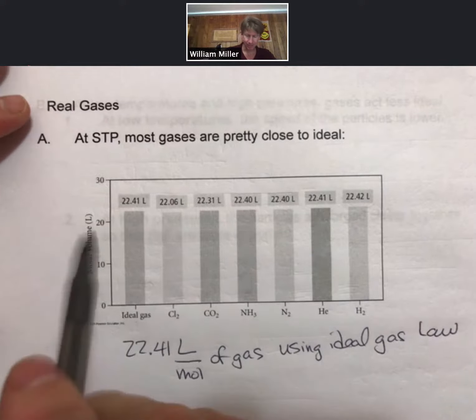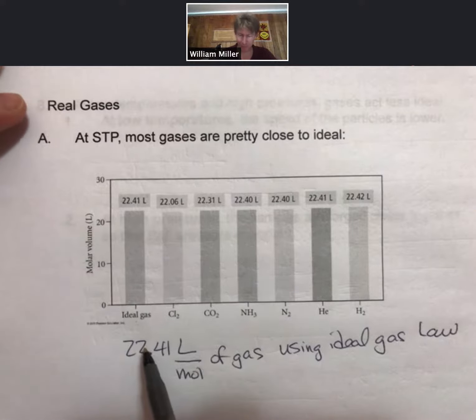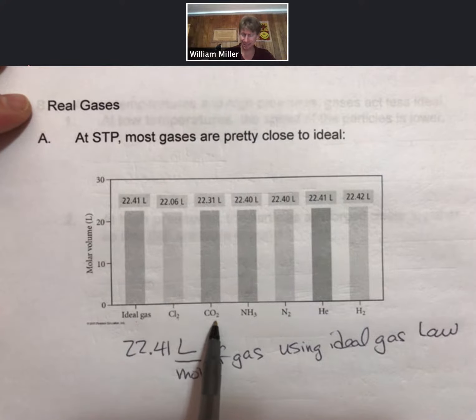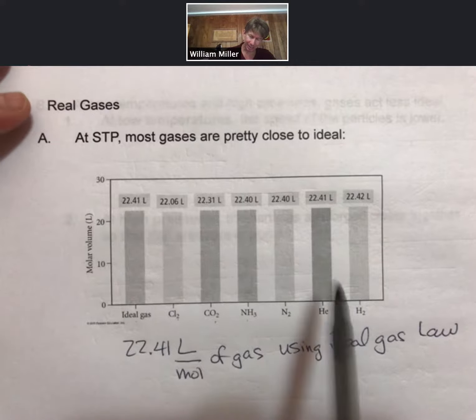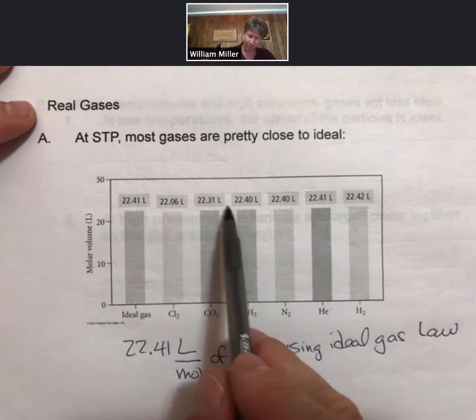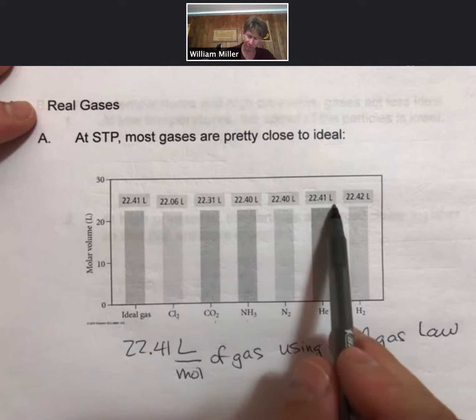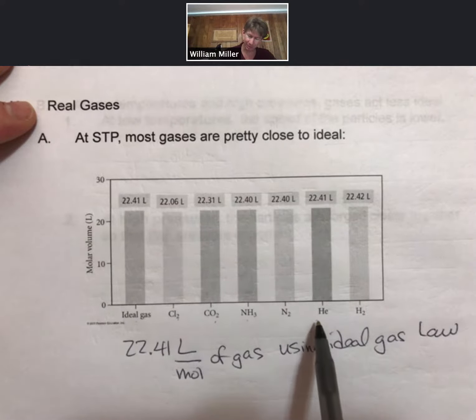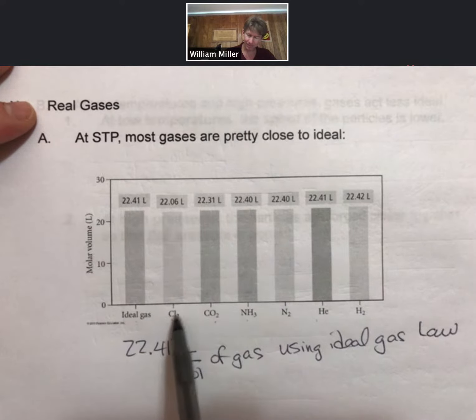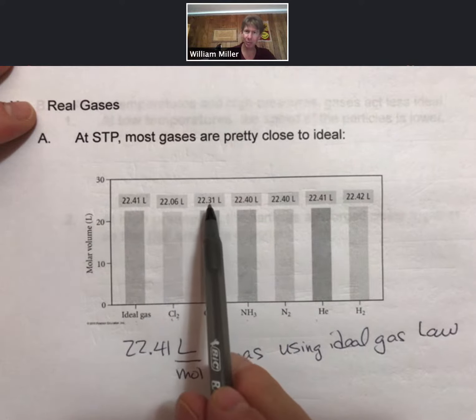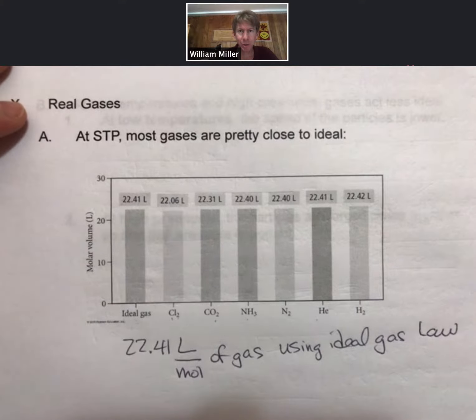Now, if you actually do the measurements for, say, chlorine or carbon dioxide or ammonia or any of these gases, you will see that almost all of them are right close to 22.41, helium spot on. Some of them get a little farther away, chlorine, carbon dioxide, but they're all pretty close. And for this course, they're close enough. That's why we use the ideal gas law.